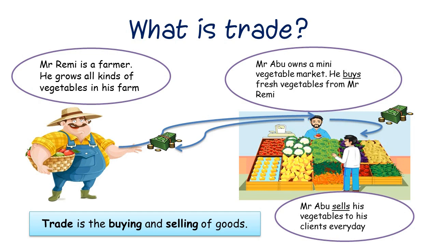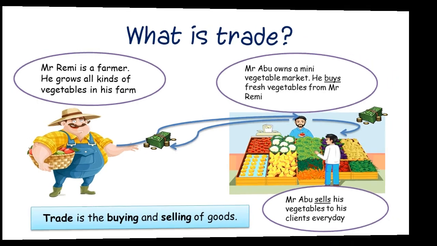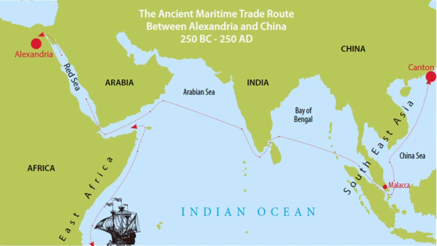Have you ever thought how trade started? Well, trade started locally, then across villages, then cities, then countries, and then oceans. Let us look at this map. It shows the ancient maritime trade route between Alexandria and China from 250 BC to 250 AD.